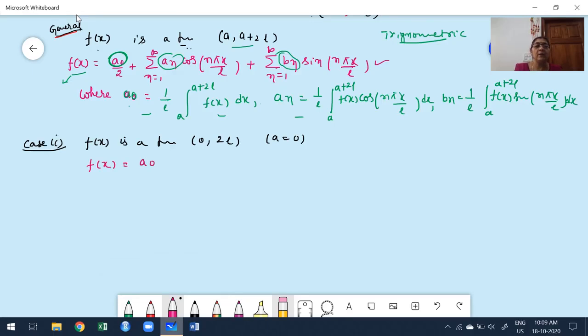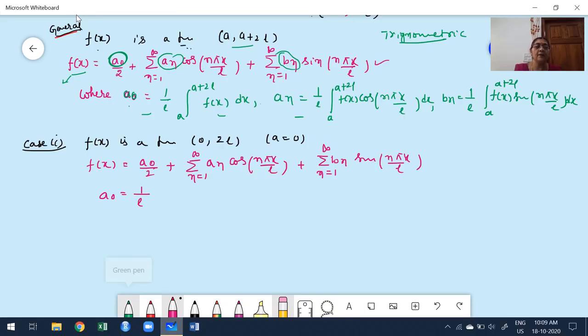The same formula for construction of Fourier series: a naught by 2 plus summation n ranging from 1 to infinity a n cos of n pi x by l plus summation n ranging from 1 to infinity b n sin of n pi x by l, where the a naught formula is the same thing, but we are changing the interval. What is our interval here?